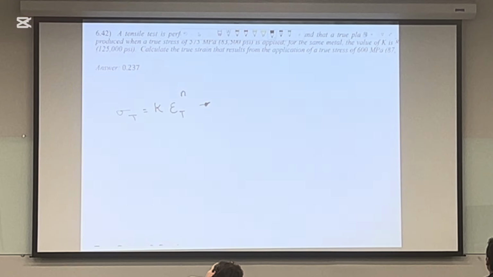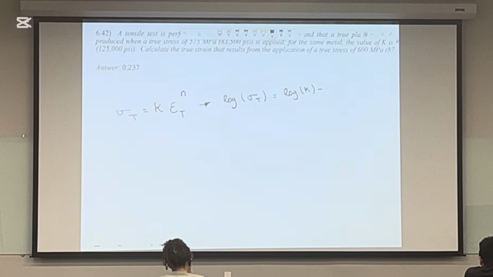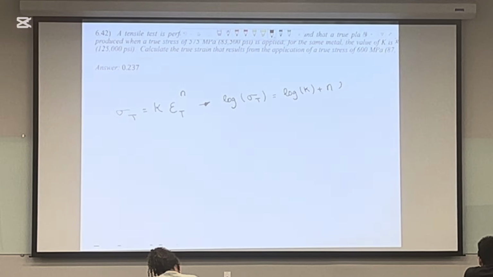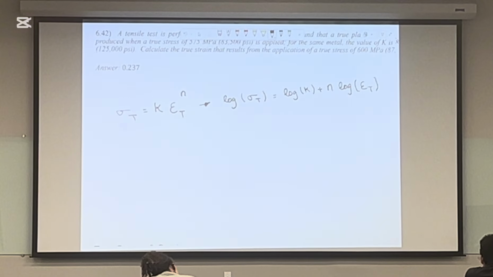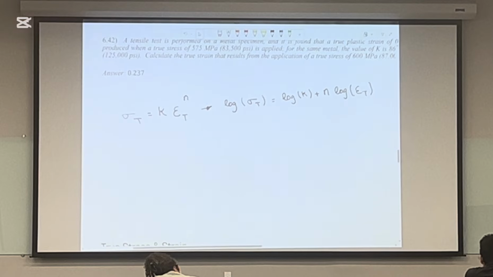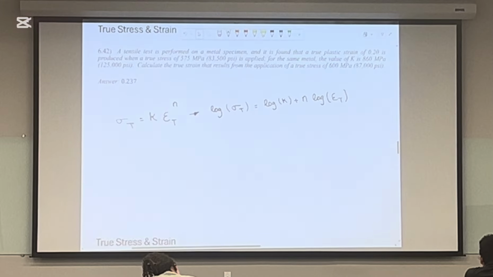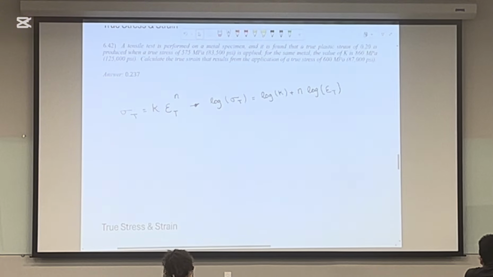If we take the log of this equation, we have log sigma_t equal to log K plus n times log epsilon_t, right? Now we can plug in the values we have for the tensile test.